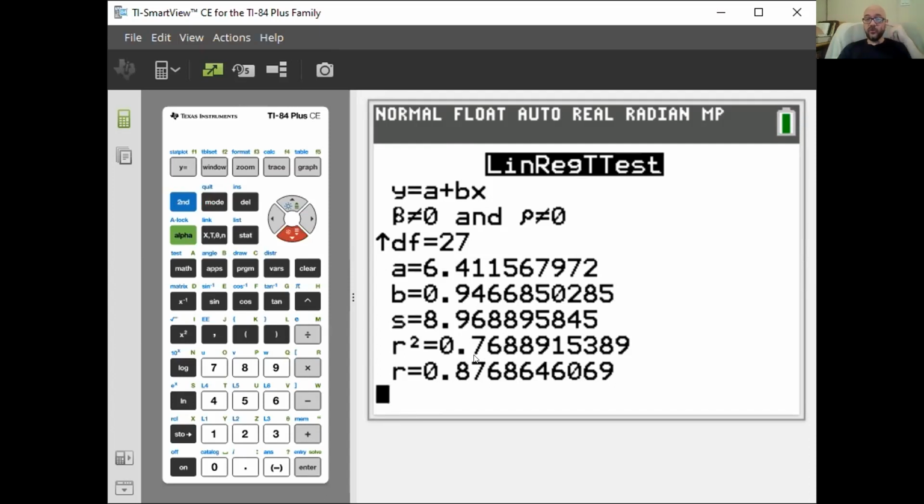This number is pretty high. I don't know exactly how to describe this, but some people use something like 80% as an unofficial cutoff for a strong relationship. So this is right around where the cutoff is for a strong relationship between final exam score and midterm average.